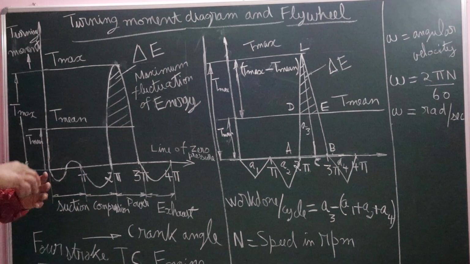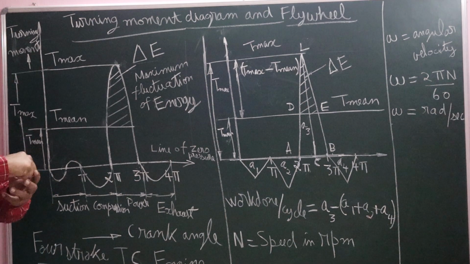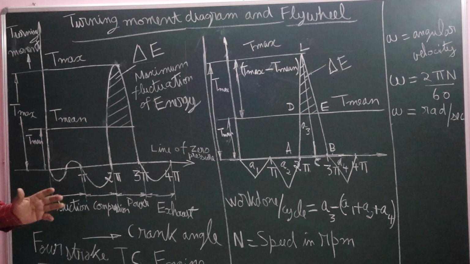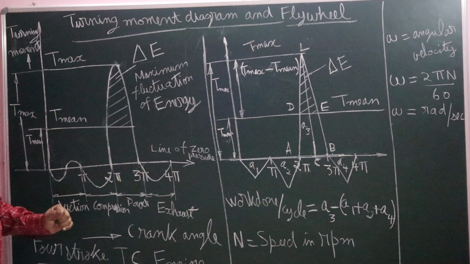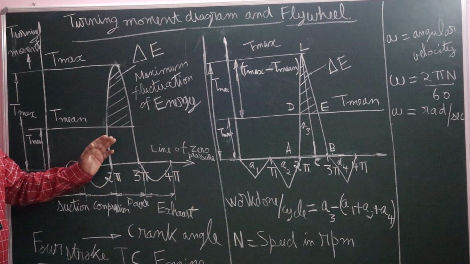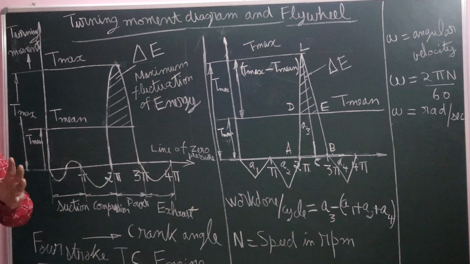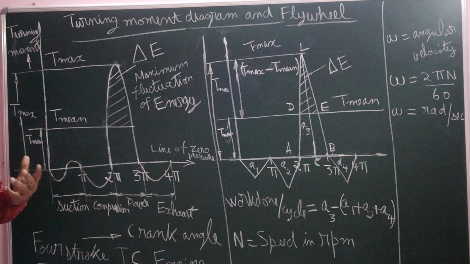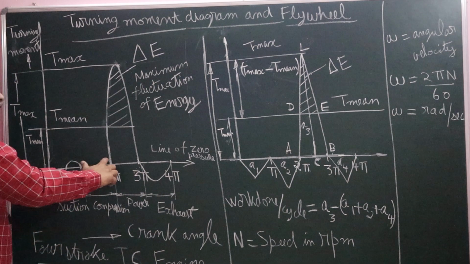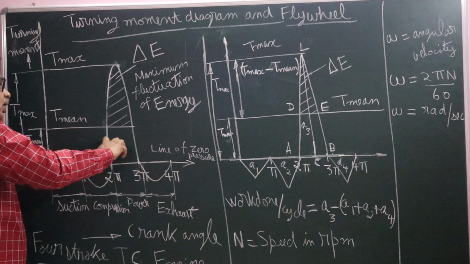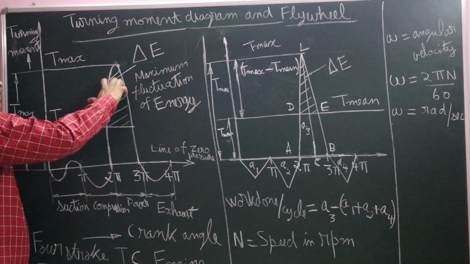So during expansion stroke, the piston is pushed down by the expanding gases. Therefore, the flywheel is driven. The crankshaft is driven by the expanding gases. The flywheel is driven by the energy. Therefore, during the power stroke, there is excess of energy. Therefore, the torque abruptly increases. During power stroke, the torque increases to the maximum value.